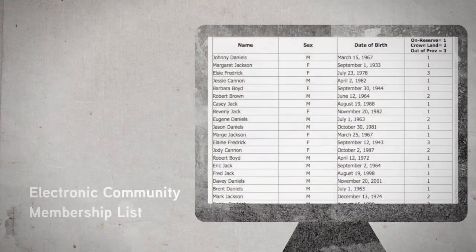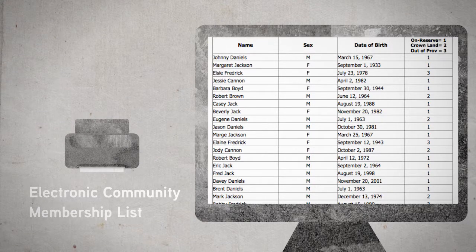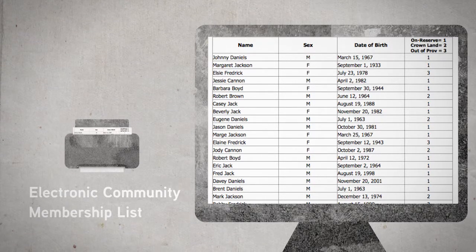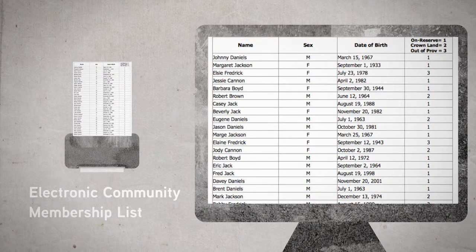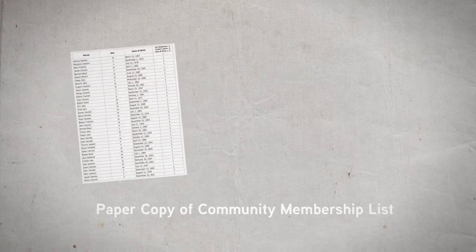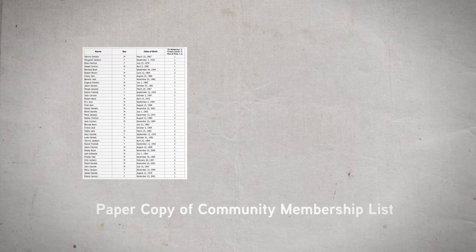If you have an electronic copy of the community membership list, then it's easier to organize it into these categories. You can ask and see whether the membership clerk can print out the community membership list according to the categories. If you're working with a paper copy of the community membership list, then you have a little more work ahead of you to organize it into 8 groups.